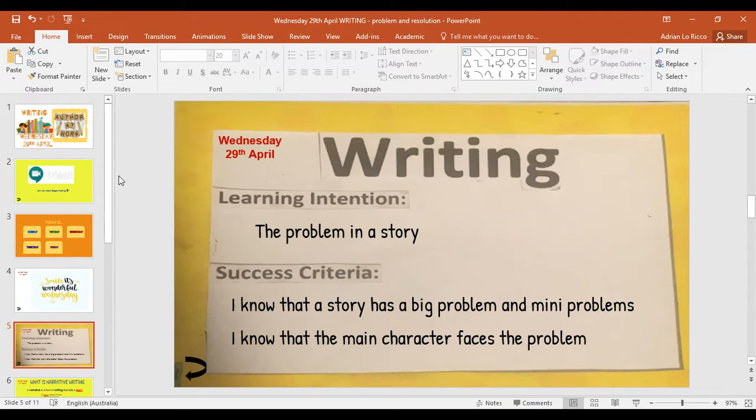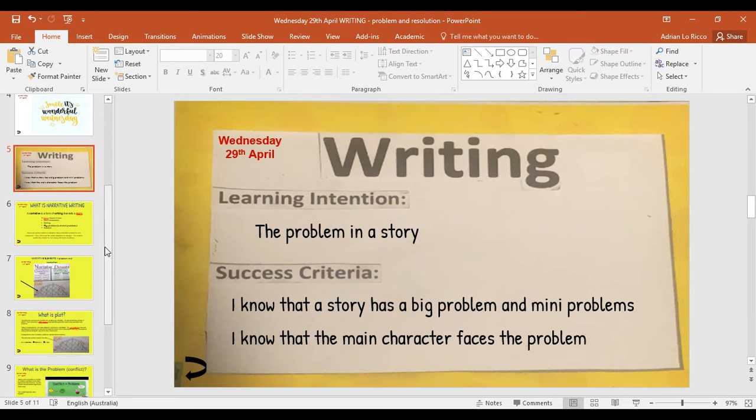So the main character in every story, I want you to try and connect to some of your favorite movies. When I think of narratives, straight away I think of Lion King, Toy Story, Finding Nemo. They all have big problems in those stories. The main characters face big problems.